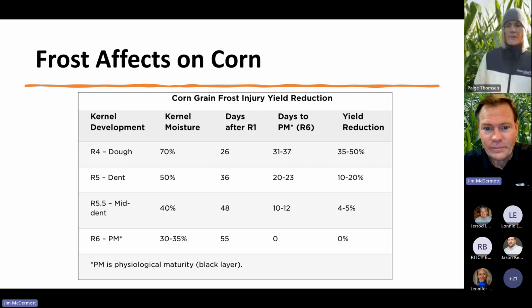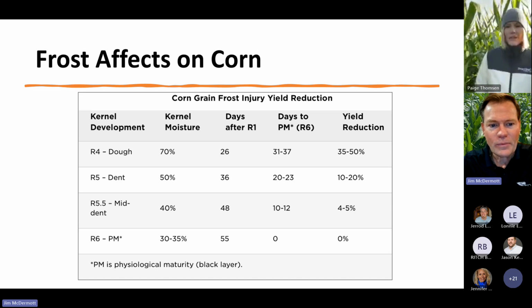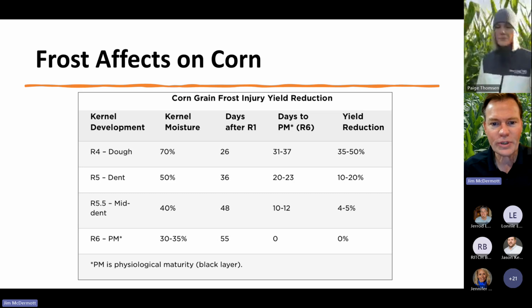But if we are, say, in that dent stage, starting to see that dent and the starch lines not moving down, we still have that potential of 10 to 20% yield reduction. Once we get to the point where we're mid dent or that starch line's coming down, of course, then our yield reduction drops pretty drastically.